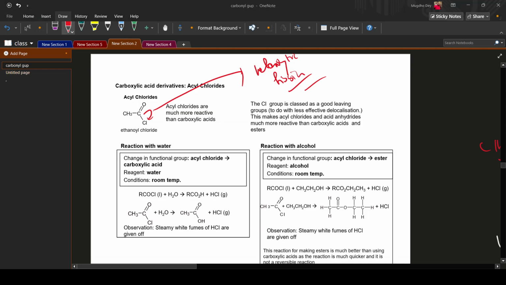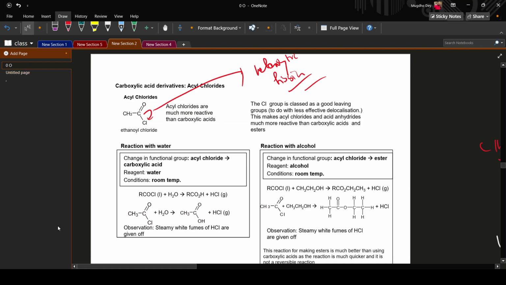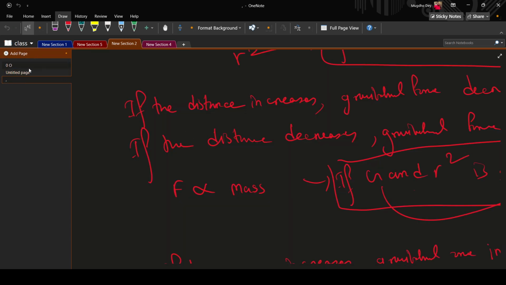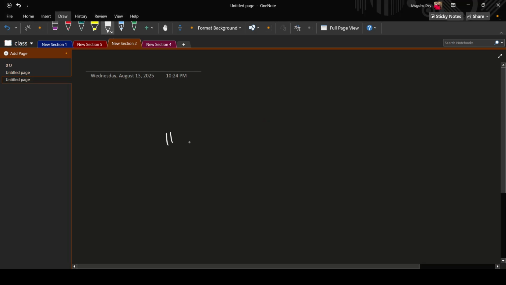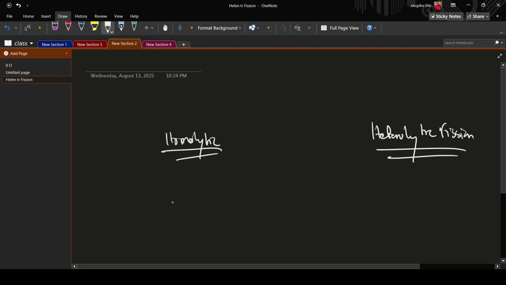Yes, breaking of a covalent bond, but what is the difference? There are two types of fission process. Homolytic and heterolytic.